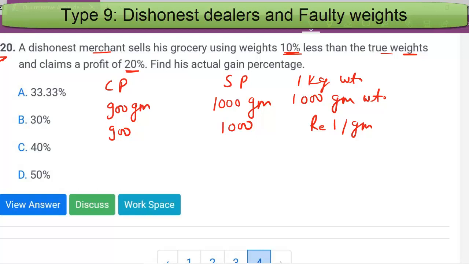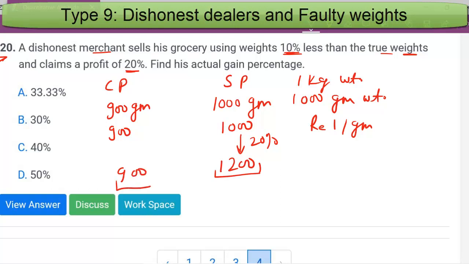But here he is also taking a profit of 20%, so he is getting 1200 rupees for this, and actually he is giving goods worth 900 rupees.